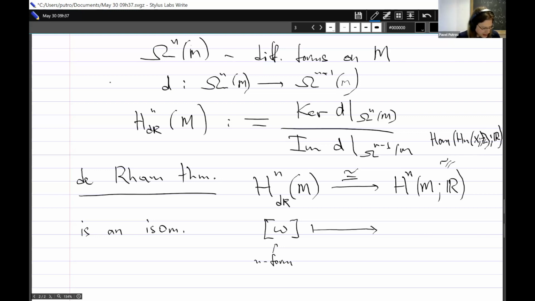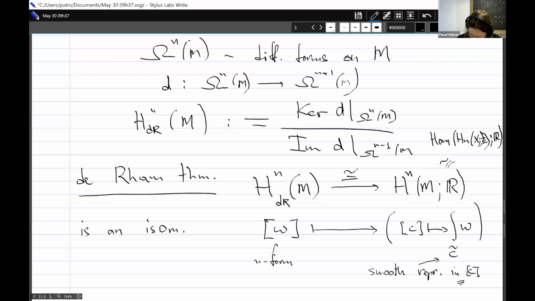And so if we use this isomorphism, then from this form omega we need to produce a map from n cycles to real numbers. And this map is given by integrating our form omega on what one can call a smooth representative of a class in homology with integer coefficients.